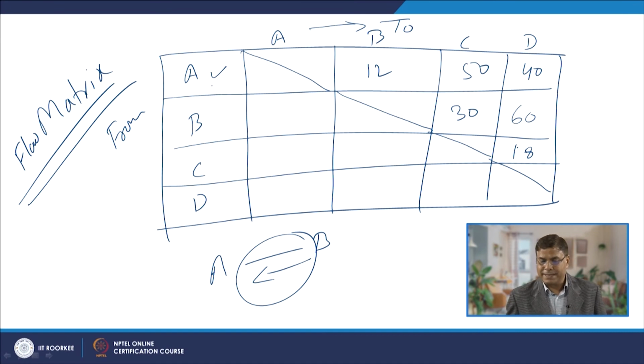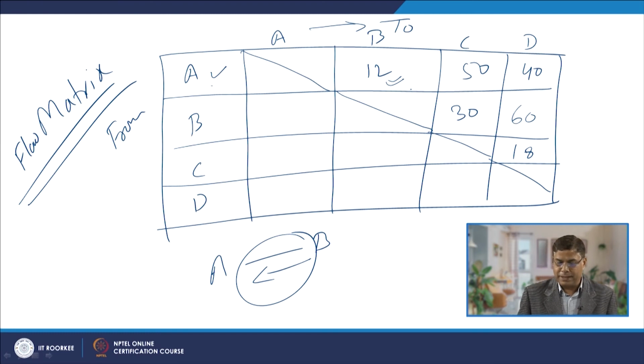What we can see is that the movement between A and B or B and A is just 12, so it is not important to bring them close to each other. We will try to look for those movements which are maximum in number between the two centers.